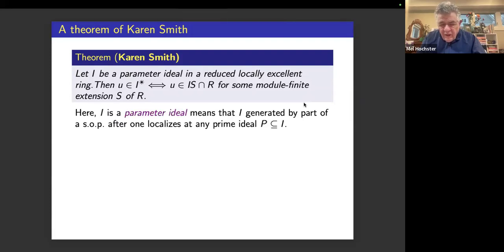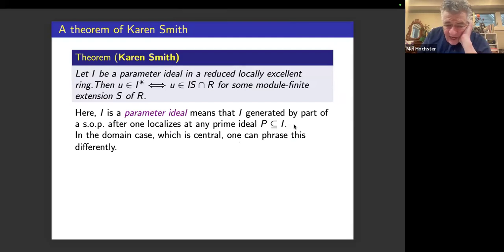Here, parameter ideal means I is generated by part of a system of parameters after one localizes. That's backwards. It should have been at any prime P containing I. Of course, if P doesn't contain I, localizing blows I up to the unit ideal.